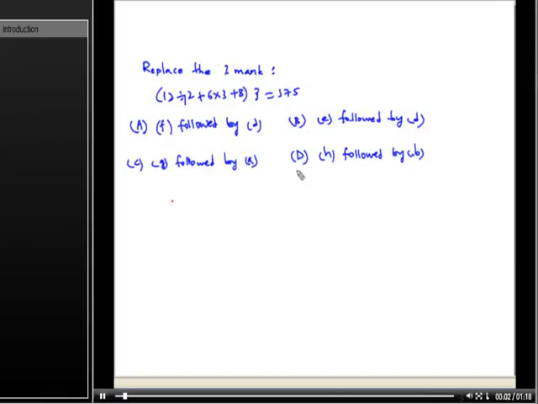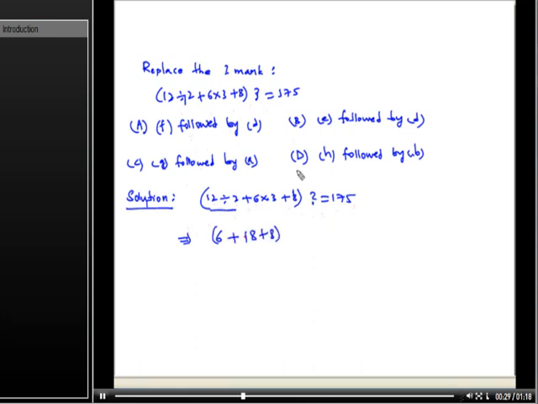In this question, we need to replace the question mark in the given equation by the correct choice. Let us begin with the solution. This is the given equation. This implies we'll apply the BODMAS rule. 12 divided by 2. Since division is there, we need to perform it first. 12 divided by 2 is 6, plus 6 into 3 is 18, plus 8 question mark is equal to 175.